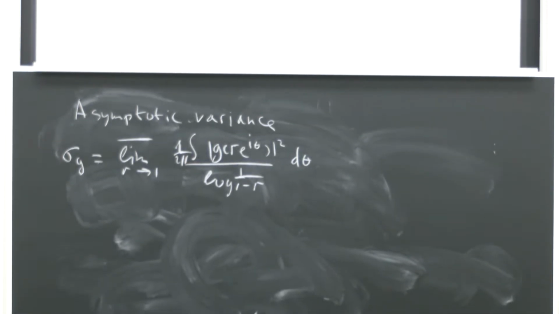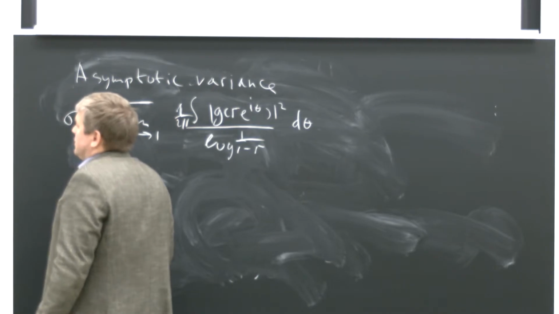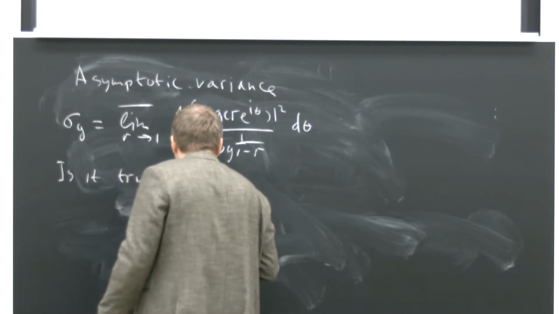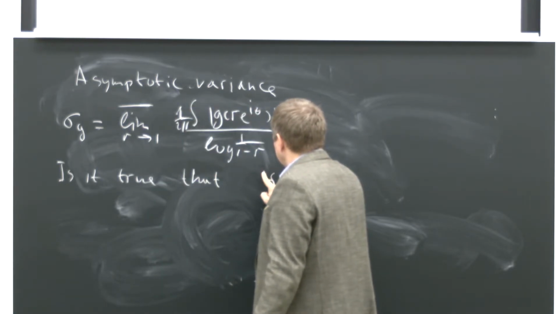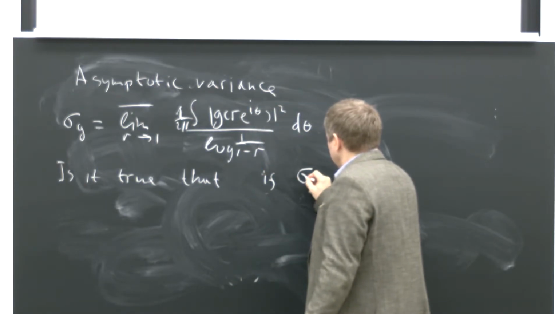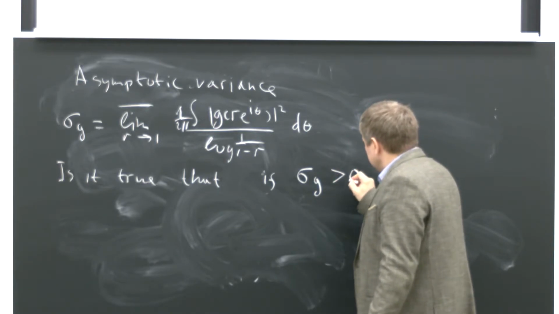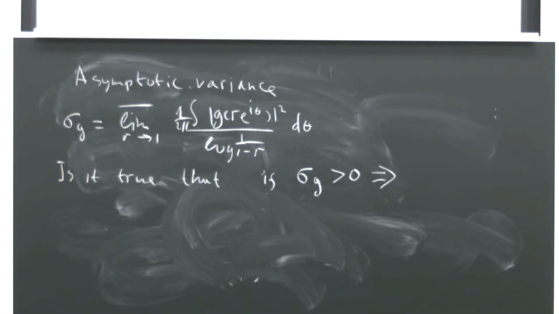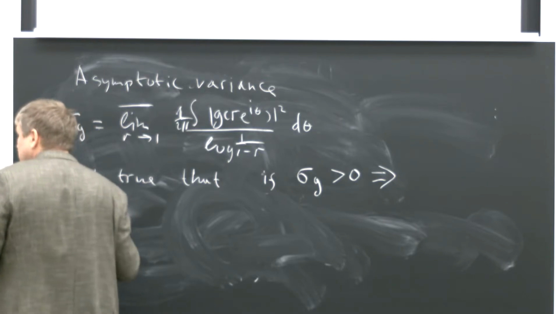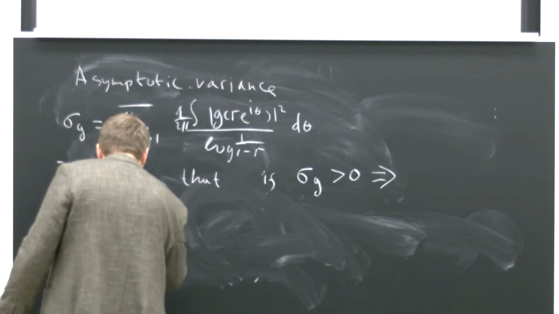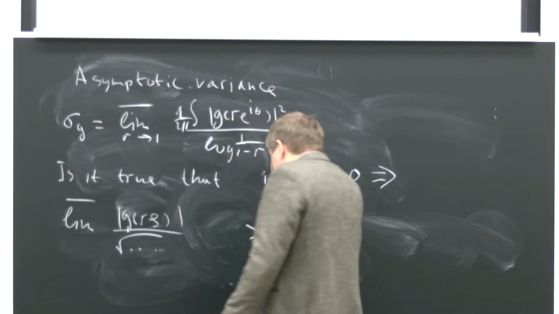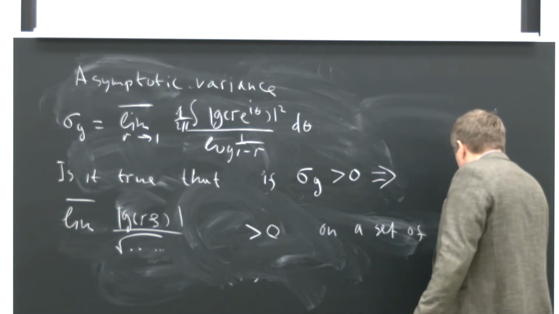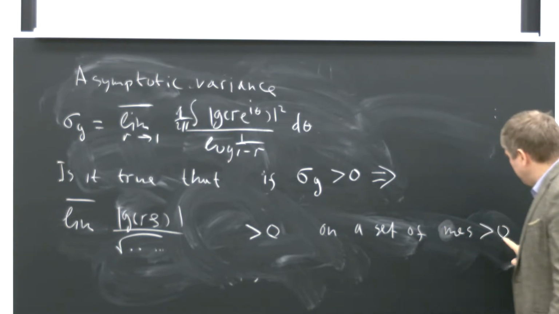And Makarov posed the problem: is it true that if sigma_g is greater than 0, then this limit is also greater than 0 on a set of positive measure, strictly positive measure?